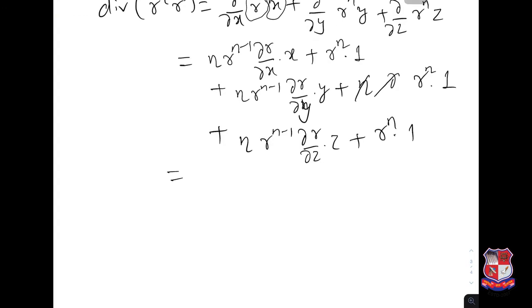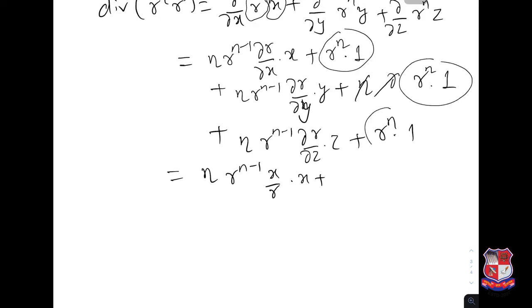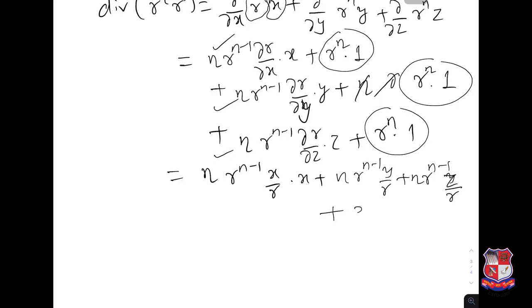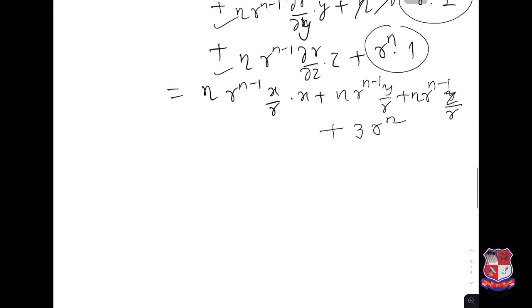Now we can put del r by del x as x by r. So this is n r power n minus 1 x by r into x plus this r power n we are having 3 times. So we write at the end. So first we write these 3 terms. So n r power n minus 1 y by r plus n r power n minus 1 z by r plus 3 times r power n.